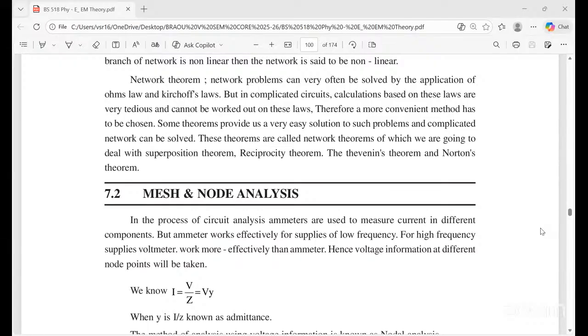Therefore, more convenient methods can be chosen here. Some theorems provide easy solutions to such problems, and a complicated network can become very easy. Okay. So these we call network theorems, which we are going to deal with: reciprocity, Thevenin, Norton, all these.